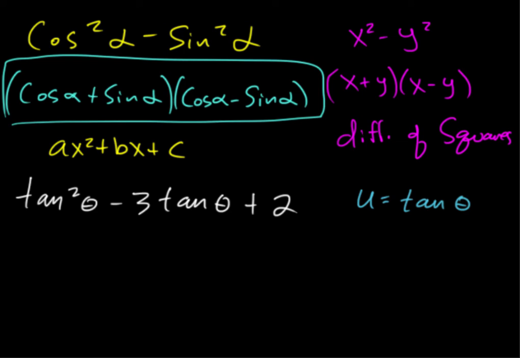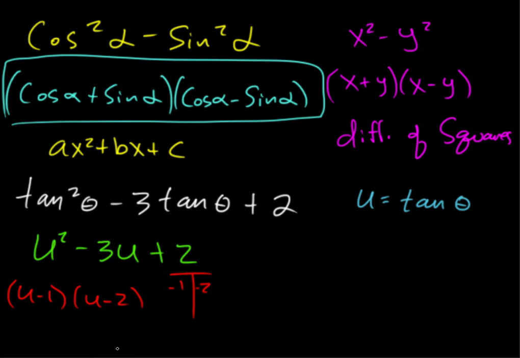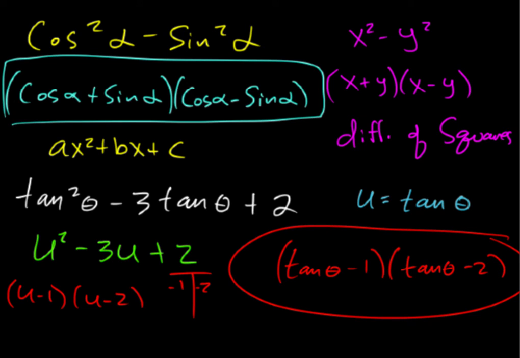And then I'm going to replace everything because it's going to help us see that. So it's going to be u squared minus 3u plus 2. Now it looks a little bit easier. So we can just do t factoring. These are both negative. u minus 1, u minus 2. And then I'm just going to replace those u's with tangents. Now if you feel like you can see it without doing the u substitution, go for it. But I think for a lot of kids it makes it easier if we actually substitute it.